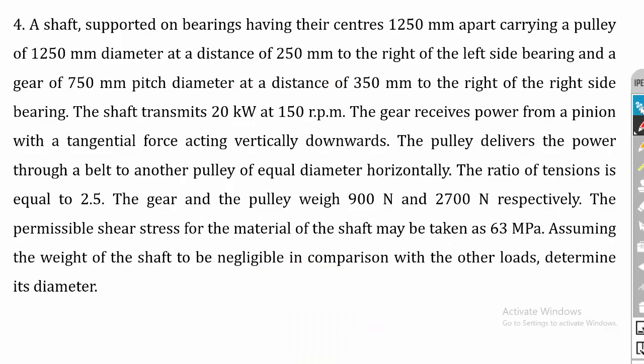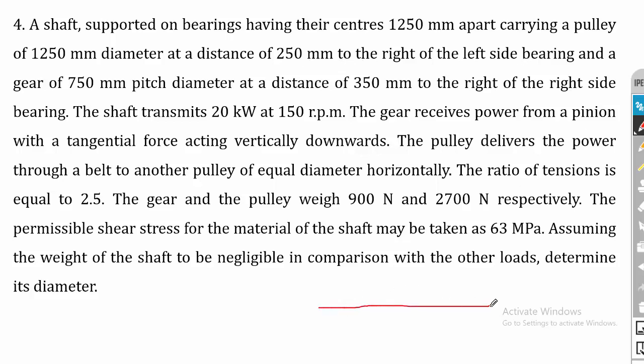So the tutorial problem: a shaft supported on bearings having their centers 1250 mm apart, carrying a pulley of 1250 mm diameter at a distance of 250 mm to the right of the left hand bearing.